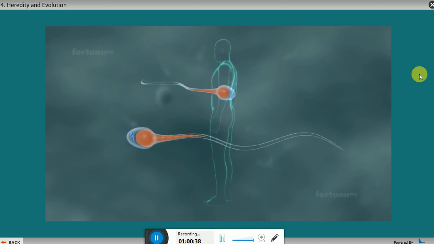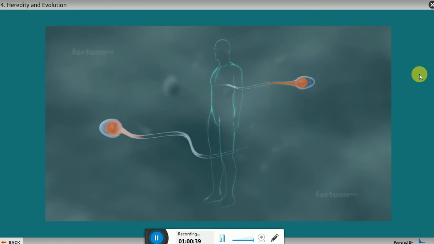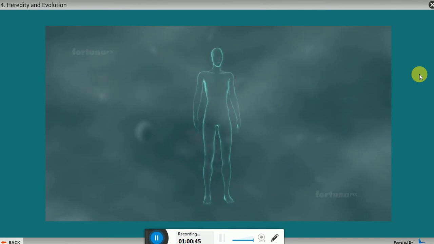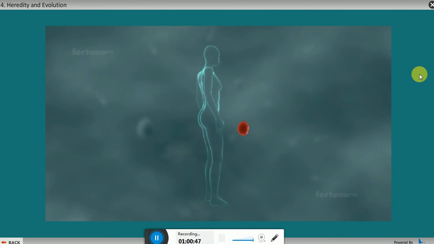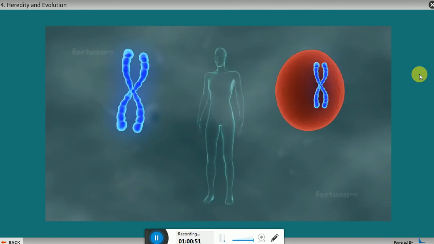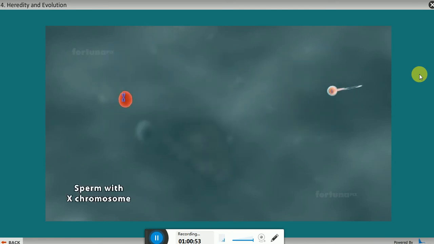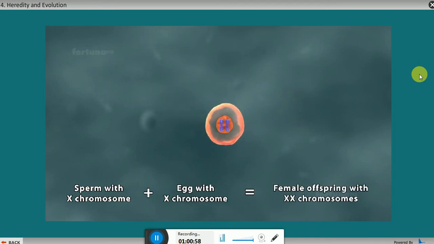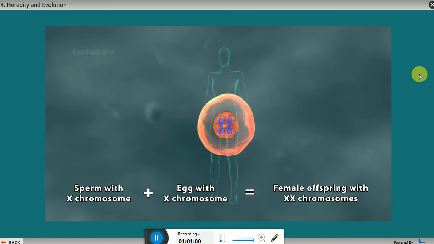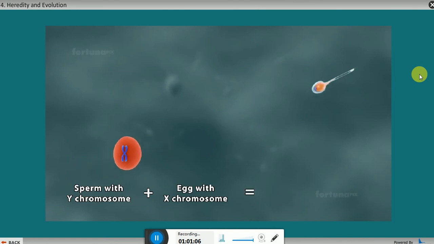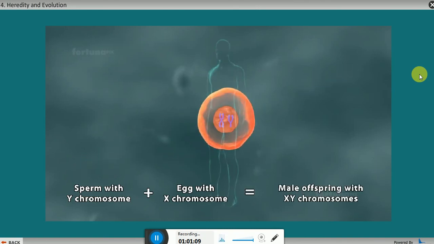Therefore, in a sperm, the sex chromosome can be either X or Y. Similarly, in females, the eggs have 22 autosomes and 1 sex chromosome, X. When a sperm with X chromosome fertilizes an egg with X chromosome, the offspring will be a female with paired X chromosomes. If a sperm with Y chromosome fertilizes an egg with X chromosome, the offspring will be a male with X and Y sex chromosomes.